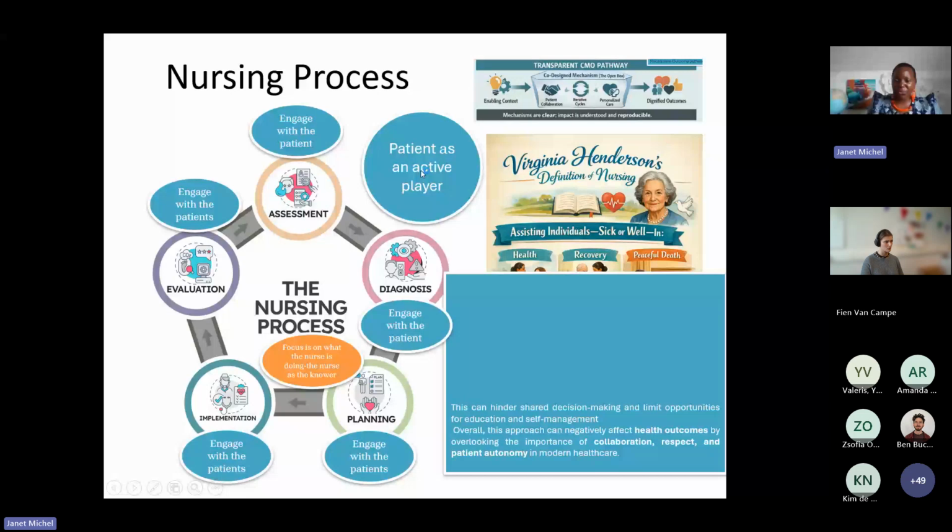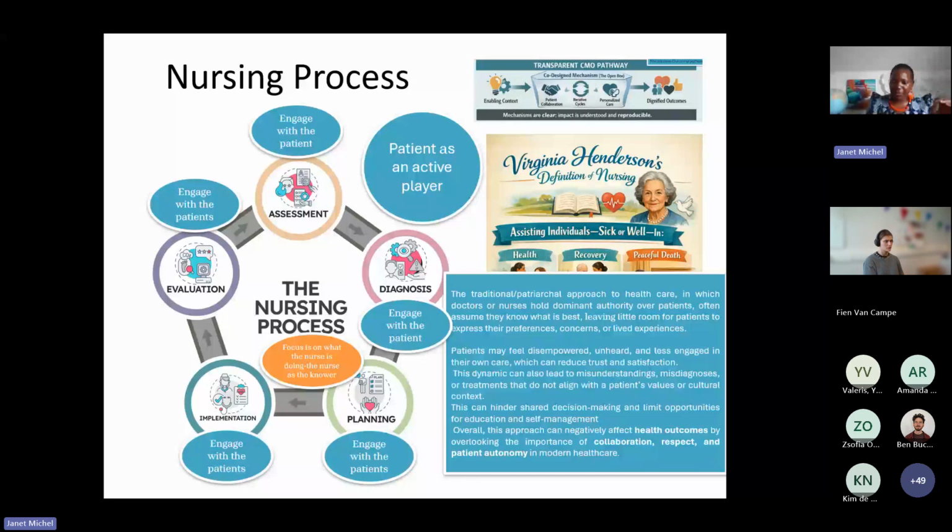That traditional patriarchal approach to healthcare, where the nurse or the doctor is the one who knows, and the patient is very passive, is not really conducive when we want to talk about impact, because the patients feel disempowered, they feel unheard, and not engaged in their own care, affecting the patient outcomes.